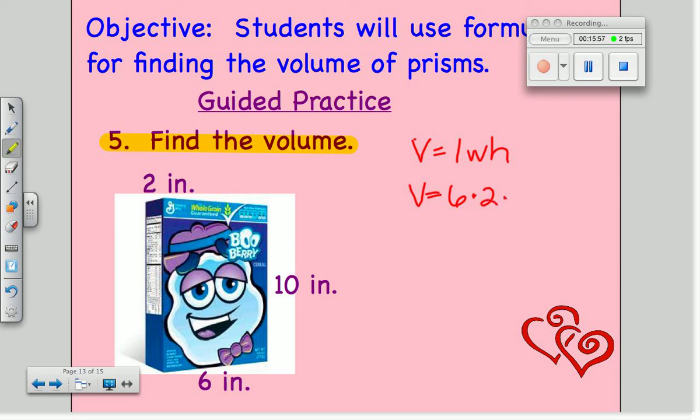And the height? Yes, 10. So the volume is 120 inches cubed.